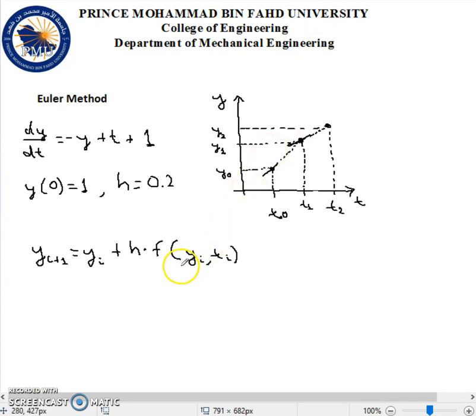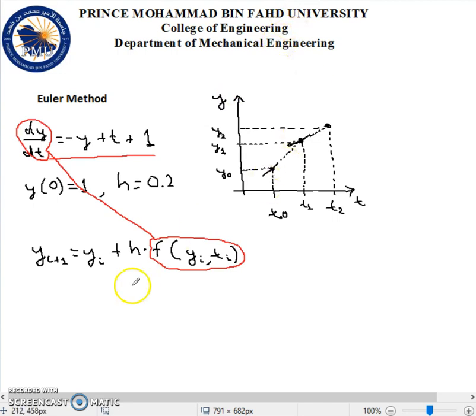So, in other words, the slope is a function of ti, yi. But do we know this slope? Well, here it is. It's given by this equation.